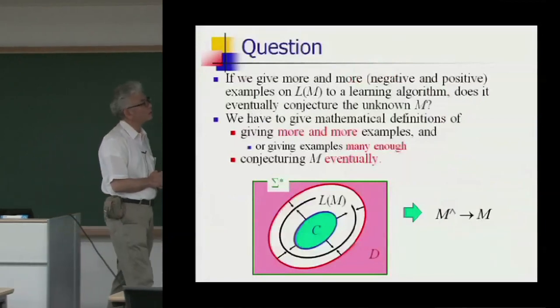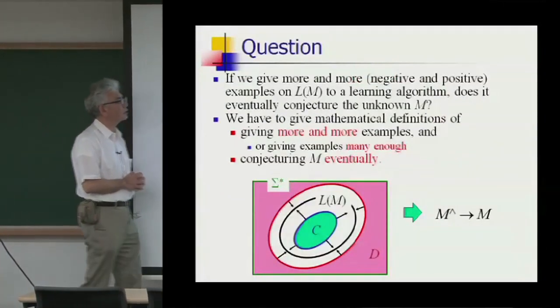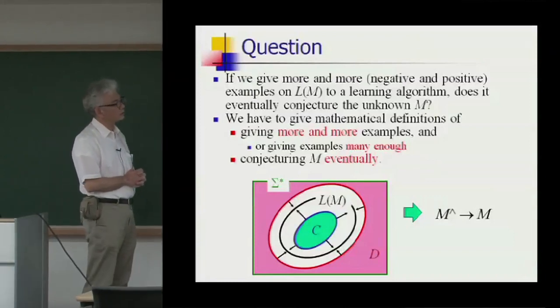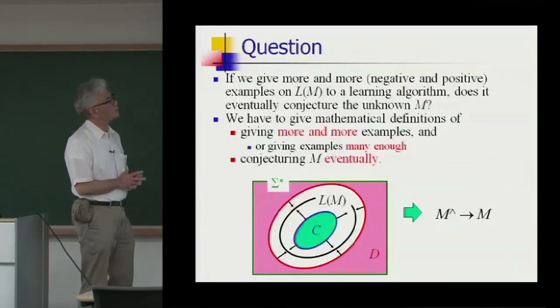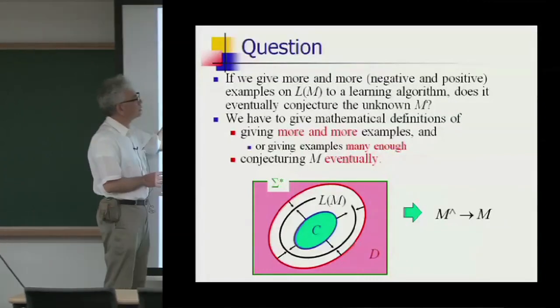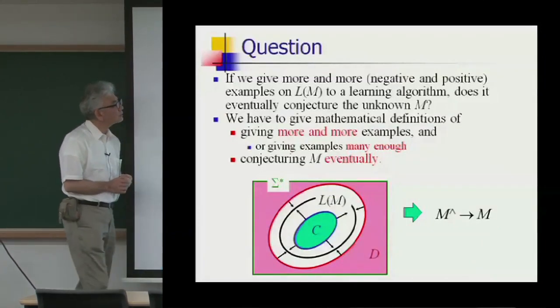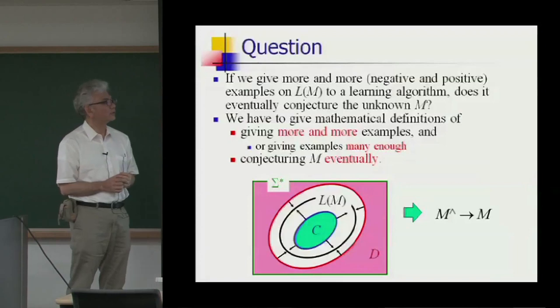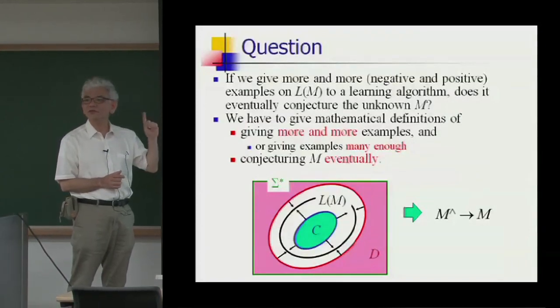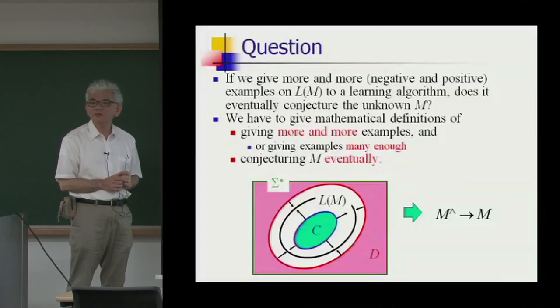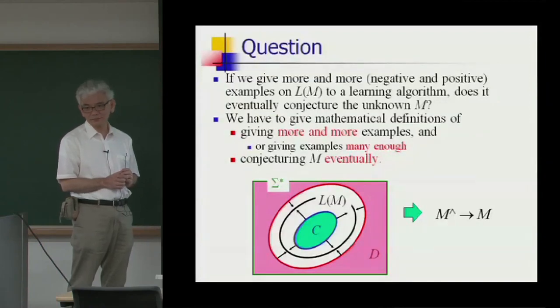Then, next we have to define two points. If we give more and more examples on M to a learning algorithm, does it eventually conjecture the unknown automaton M correctly? This is not a problem of optimization, but rather one of evaluating the learning activity.